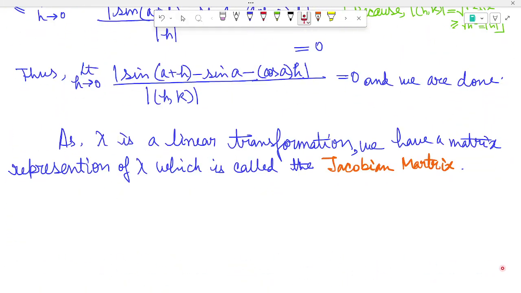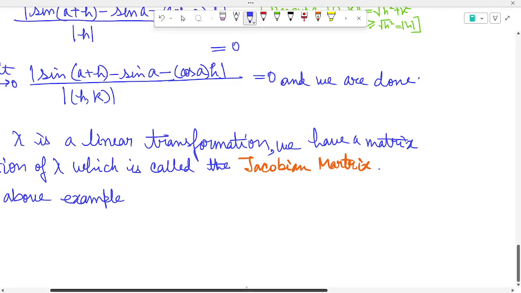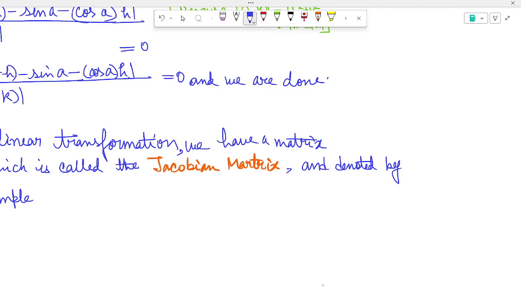So okay, an example of the Jacobian matrix. In this case, what would be the example? In the above example, the Jacobian matrix is denoted by f dash at a.